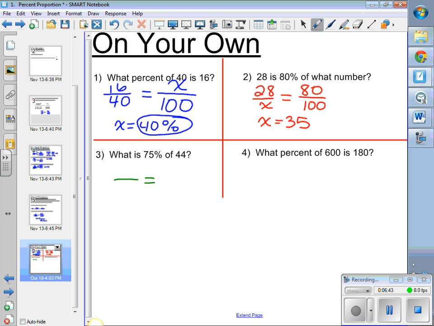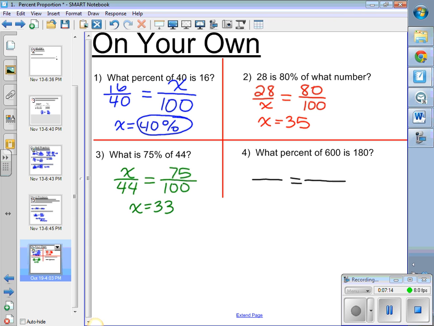So again, 100's here, 75 is here, 44 is our whole. Oops, 44. Our x is here, so it's 44 times 75 divided by 100, and we get 33. And the last one, we've got 100 on the bottom.